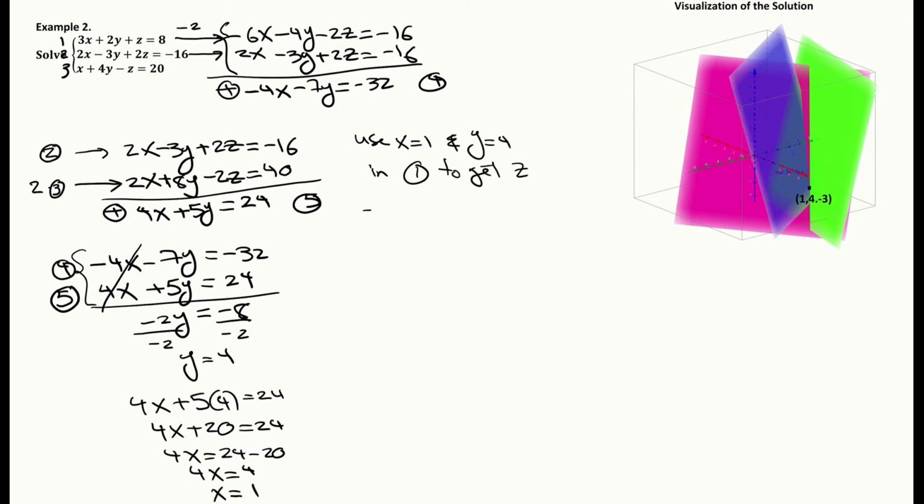So we have 3 times 1 plus 2 times 4 plus z equals 8. So we have 3 plus 8, which is 11, plus z equals 8. So z equals 8 minus 11, or z equals negative 3.